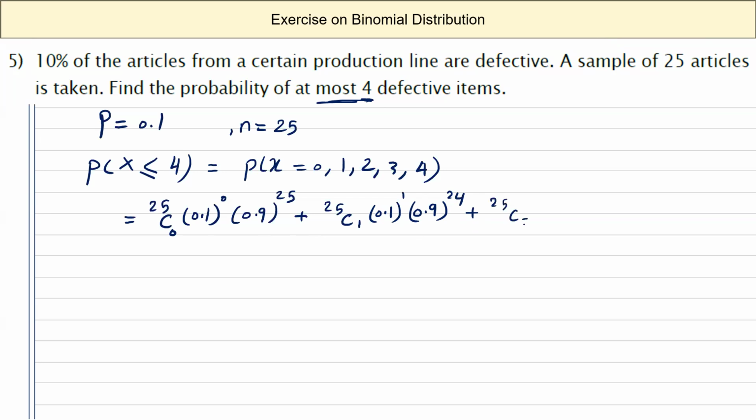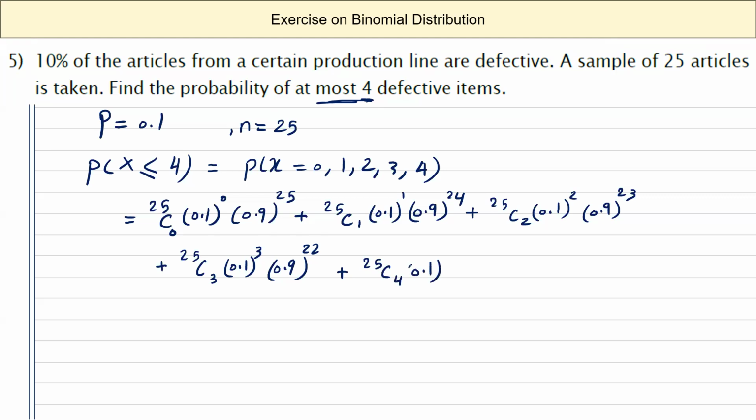And 25C2, 0.1 power 2, and 0.9 power 23, plus 25C3, 0.1 power 3, and 0.9 power 22. Okay, last one, 25C4, 0.1 power 4, and 0.9 power 21. Calculate each probability, 1, 2, 3, 4, 5, okay? And the value is about 0.902, something like that.